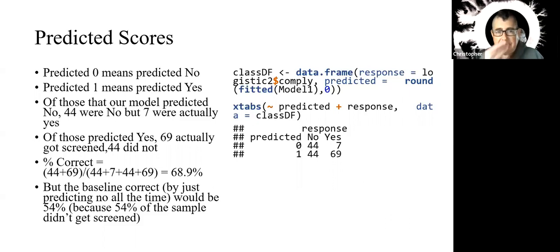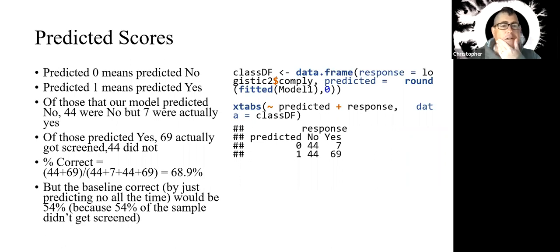The other people are incorrectly predicted. The ones who were predicted to be yes but were actually no, and then the 7 people who correspond to the 0 yes combination, those people were predicted to be no's, and they actually were in the yes category.